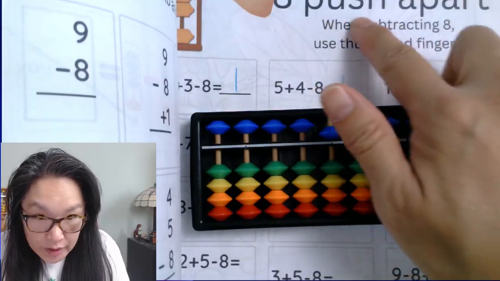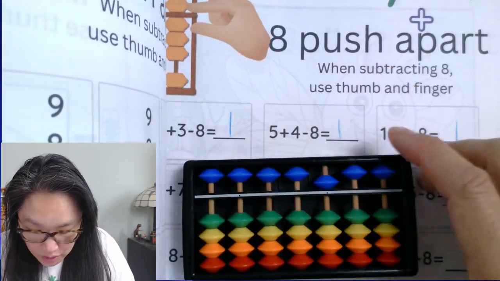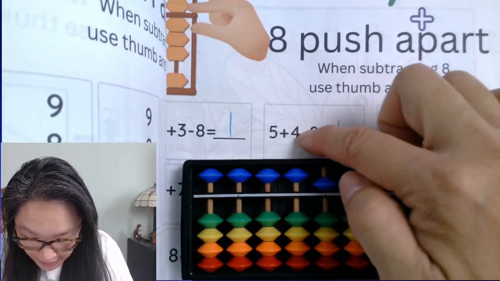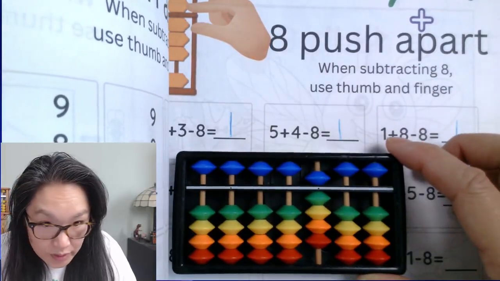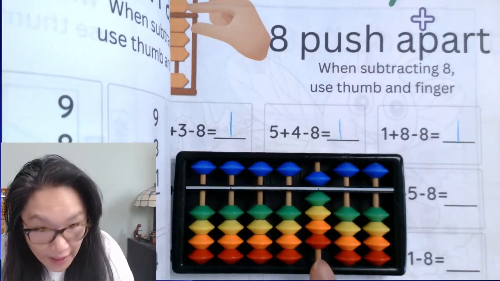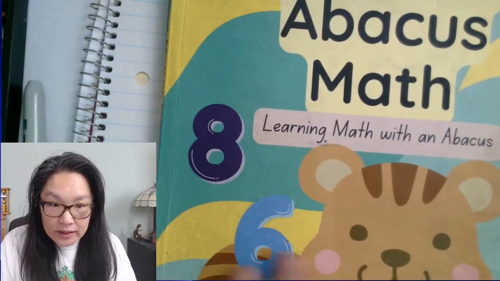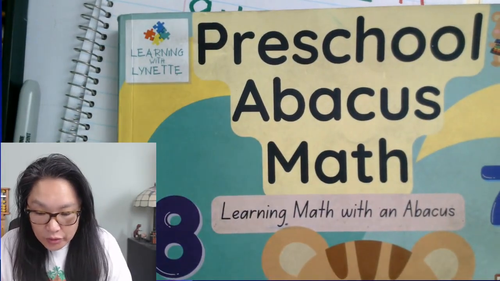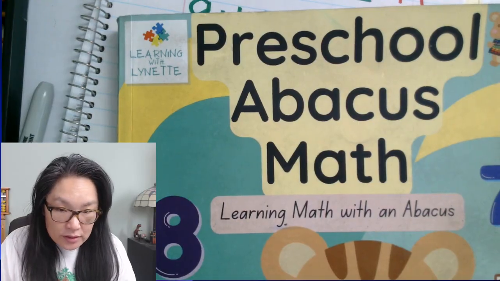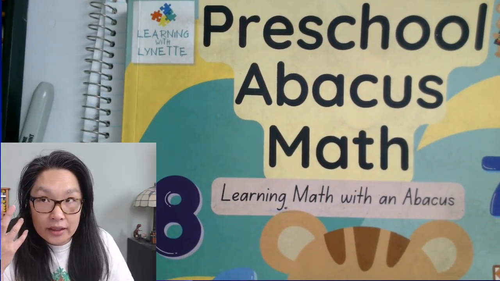This one says I'm going to minus the 8. So I'm going to add the 5, right? I'm going to add 4. Then I have to take away the 8. Do I have enough beads to take away the 8? I would recommend this one, if you're okay with that, to go through it slowly and to go through the different questions, to go through understanding. You could do that.